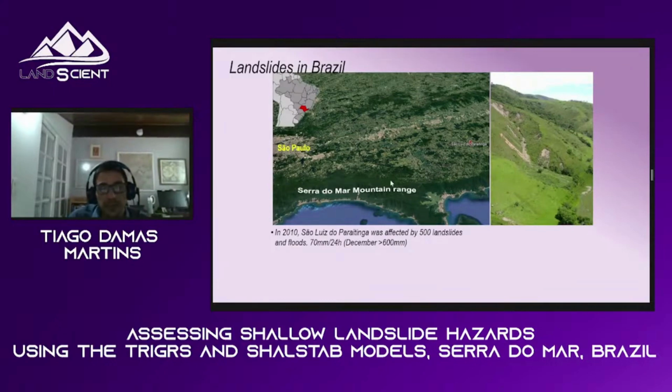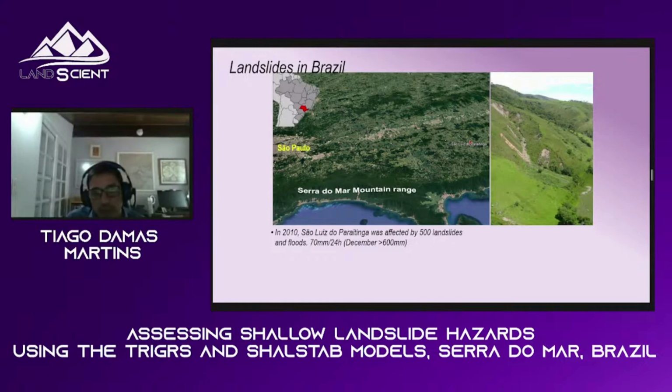Here you can see a picture from Google Earth, seeing the shore and the mountains, this Serra do Mar mountain range, this escarpment that separates the lowlands of the shore from the hinterland. And one of the affected cities is this one, São Luís do Paraitinga. The town itself was affected mostly by floods, but the area around the town was affected by shallow landslides.